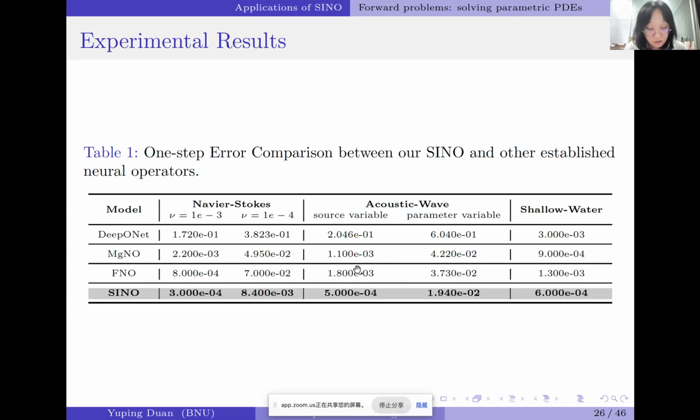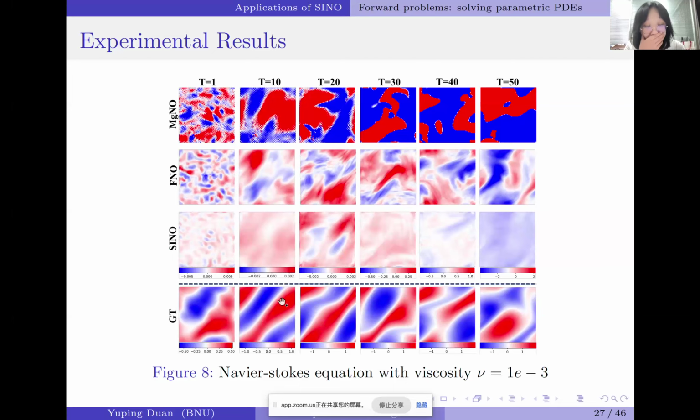Compared with the baselines, SINO stays closer to the ground truth, especially for the Navier-Stokes equation at low viscosity, which is a more challenging case. This is the higher viscosity Navier-Stokes case.